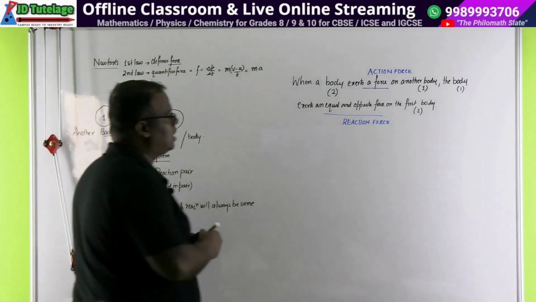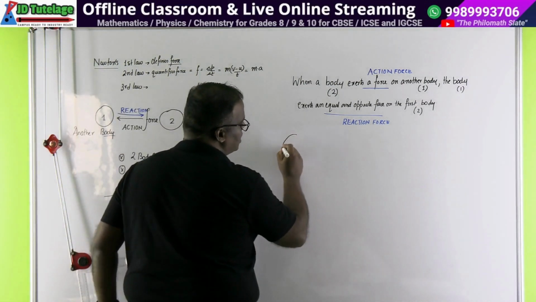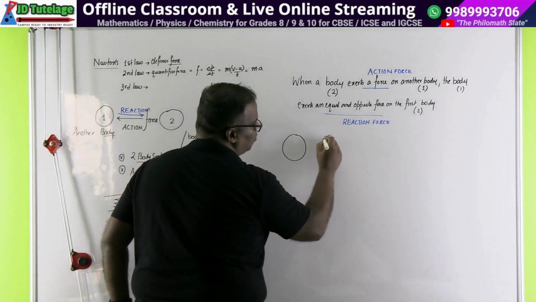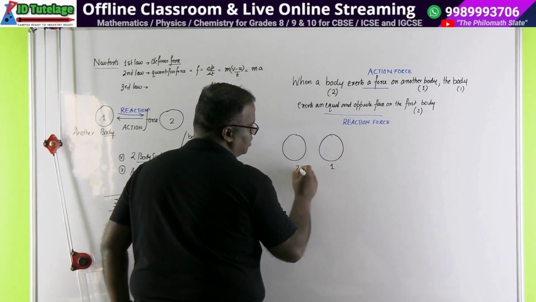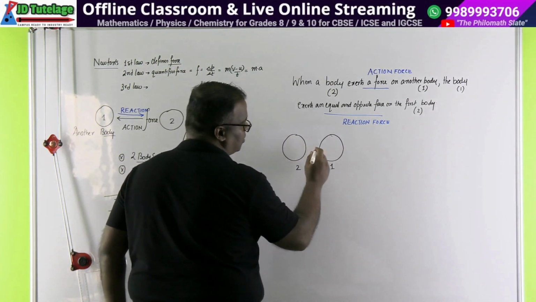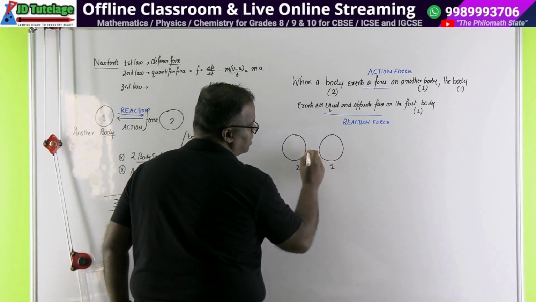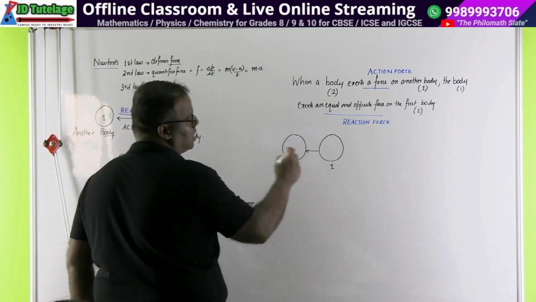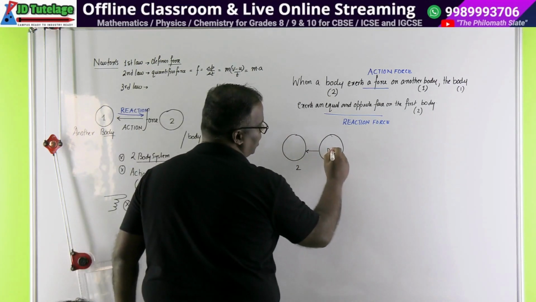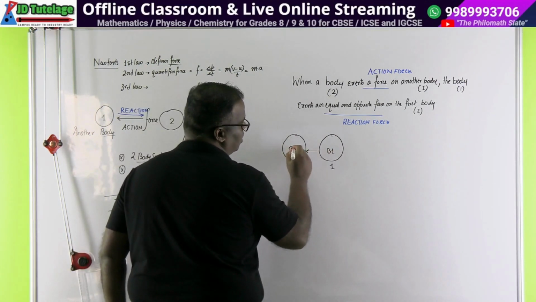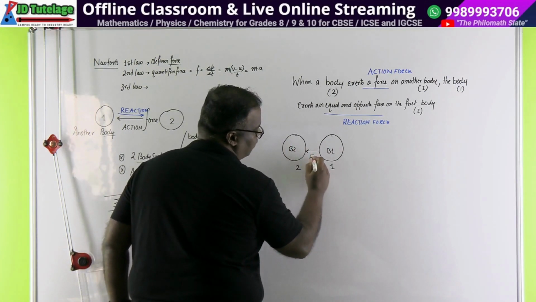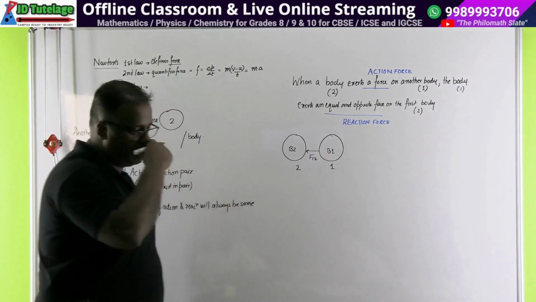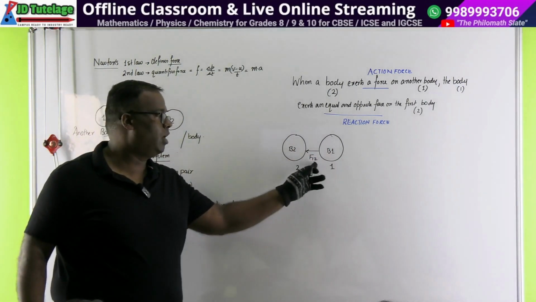So let's make it more interesting now. So we say there are two bodies. Let's say this is body 1 and let's say this is body 2, just for understanding purpose. Body 1 exerts a force on body 2. So I call this F12. How to read it? Force exerted by 1 on 2.